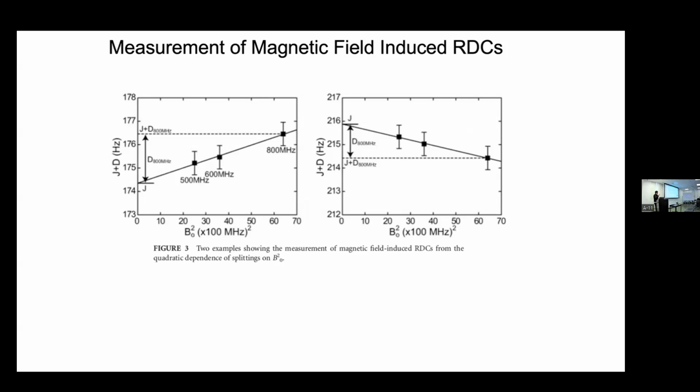The problem is what a real RDC, the dipolar contribution, is. Let's say I measured something at 600 megahertz, where it's a little aligned. And then I measure it at 900 megahertz, where it's aligned even more.